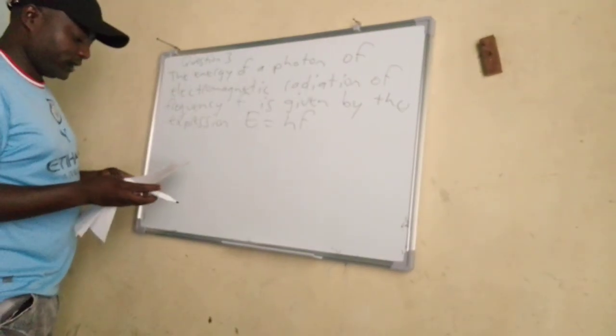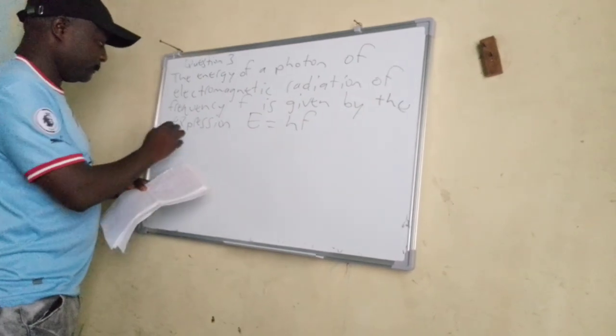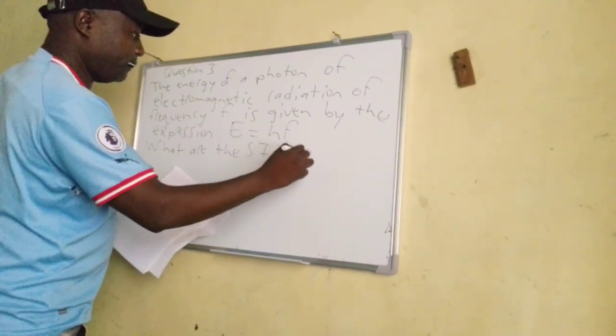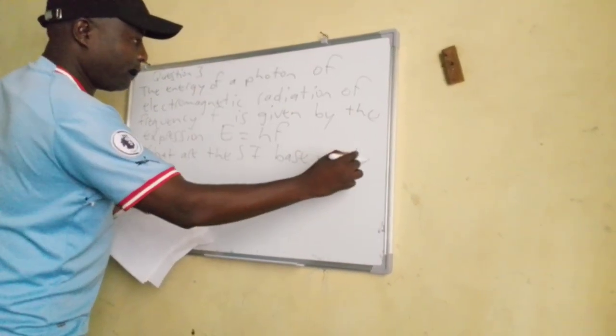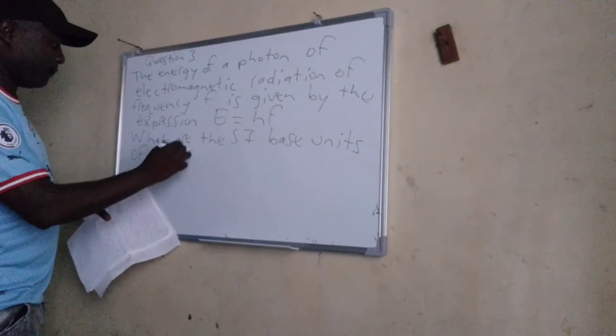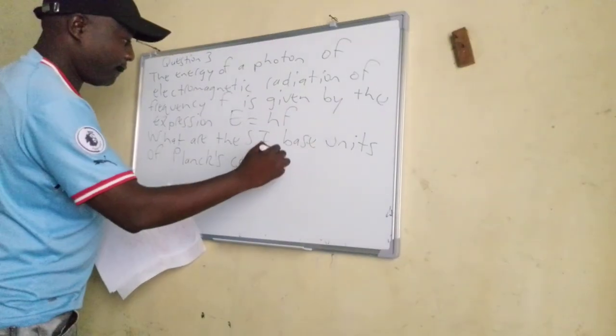What are the SI base units of Planck's constant, h?